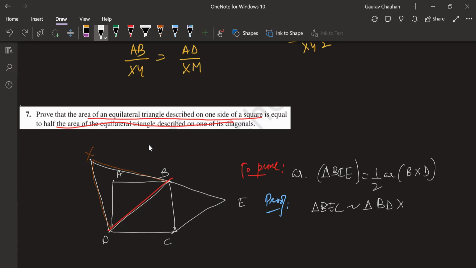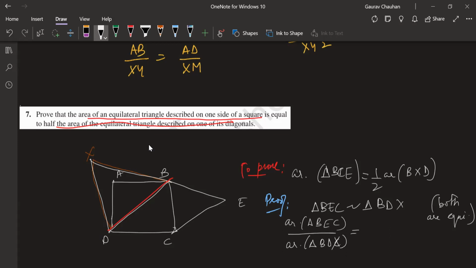Why? Because both are equilateral, so 60, 60, 60. Dilruba, this is okay with you? Yes, sir. AAA, right? So what can I get? Area of triangle BCE, by area of triangle BDX.